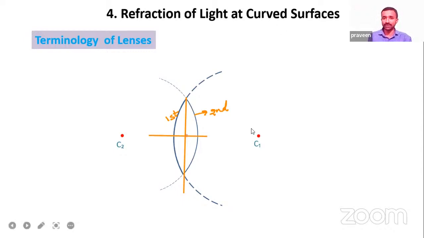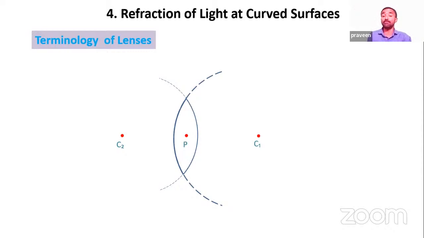That point I am taking as its pole. That midpoint, the geometrical midpoint of the lens, is now given as the pole. Also, you can call it the optic center. The optic center is denoted by the letter P here.